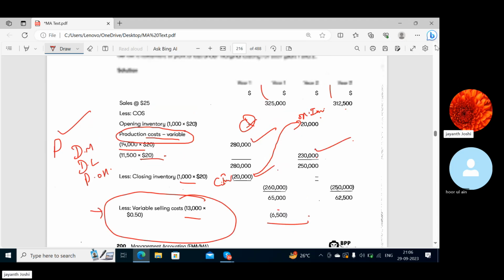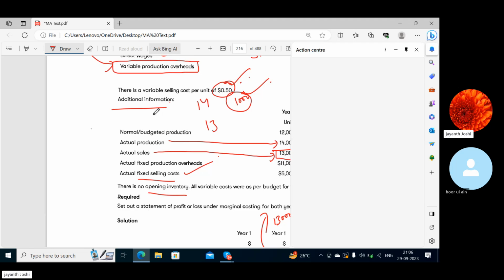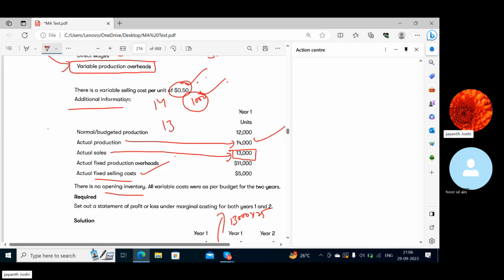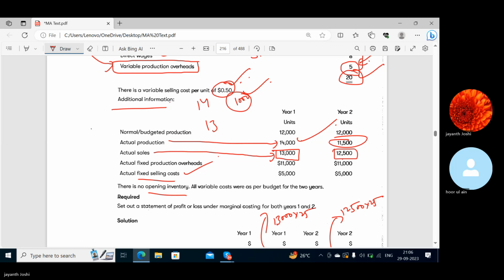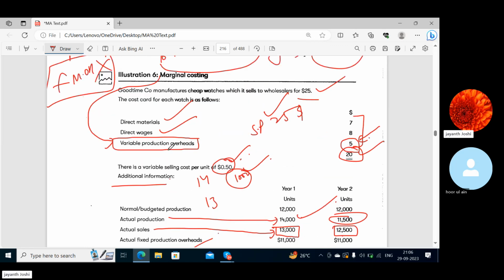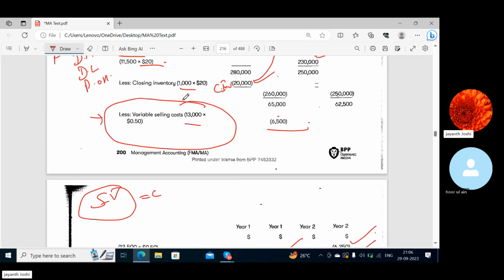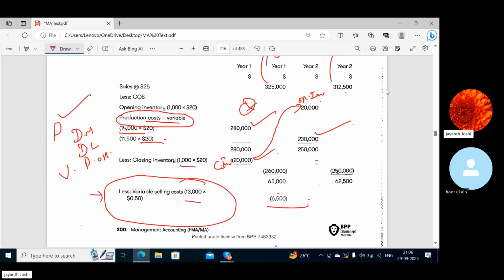That is what is given here, and that too only variable production overheads. Under marginal costing, variable production overheads are what matter. That's the reason why we have taken that 20. Under that we have already considered it.